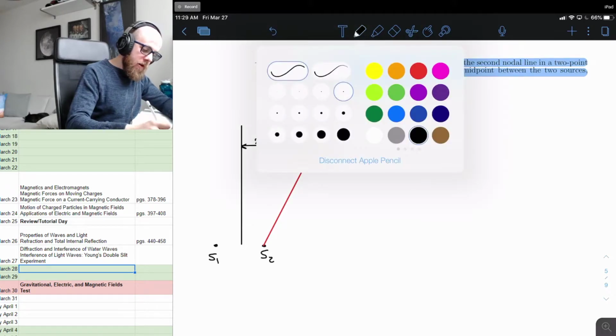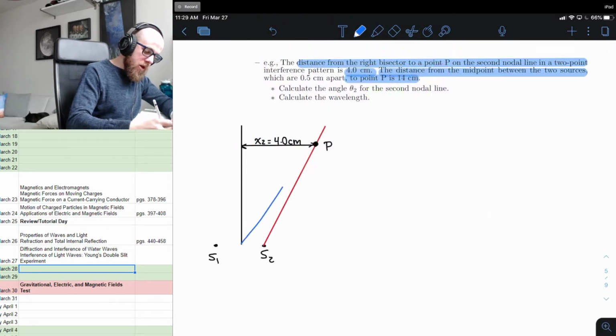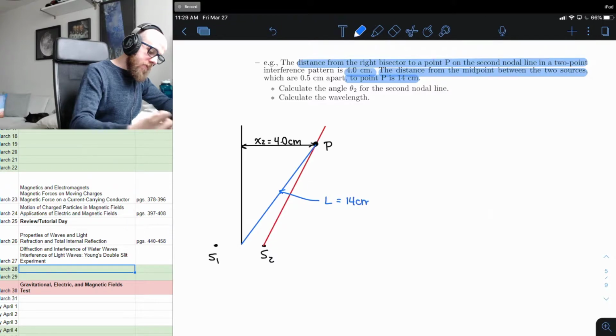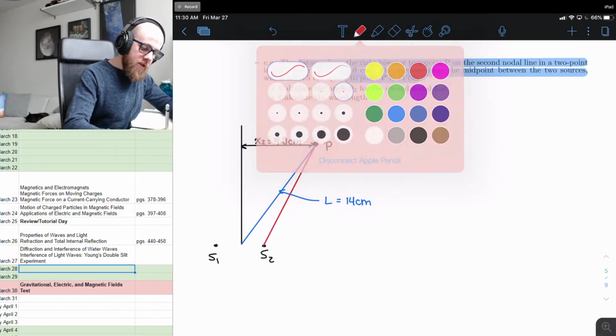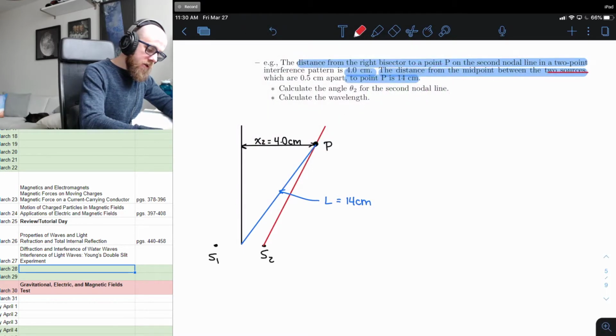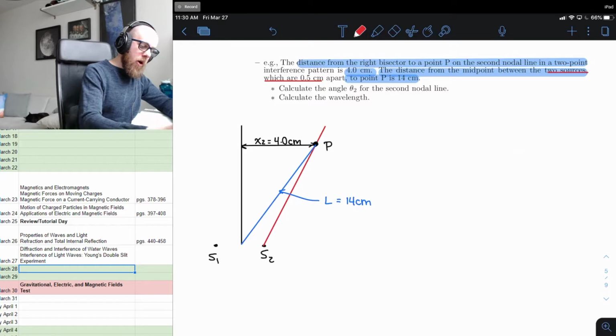This I'm going to call L, and L is 14 centimeters. And the distance between my two sources, I'm going to call that d, is 0.5 centimeters.